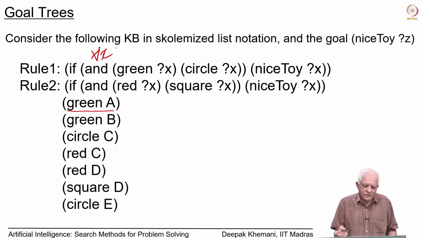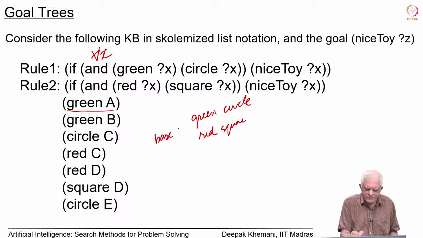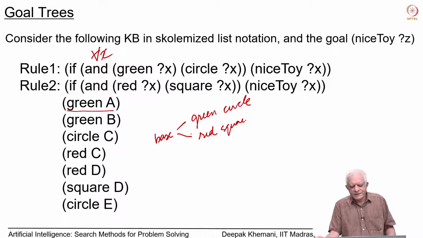But there is another rule which says that if it is red and if it is a square, then also it is a nice toy. So, there are two kinds of nice toys. One is a green circle and the other one is a red square. If either of these cases happens, then we are happy with the toy.